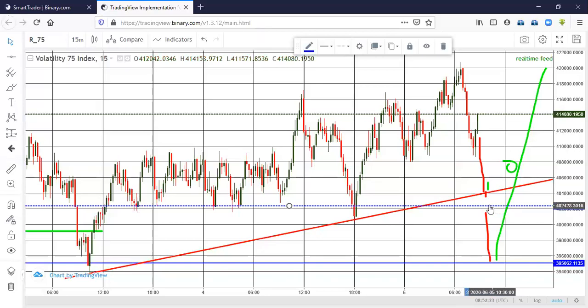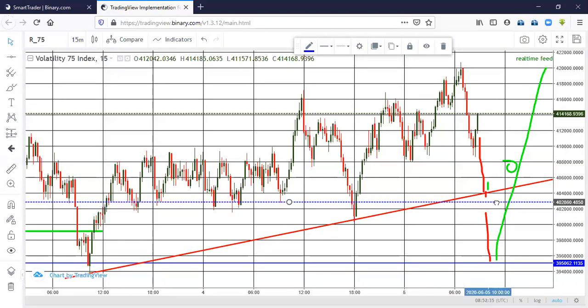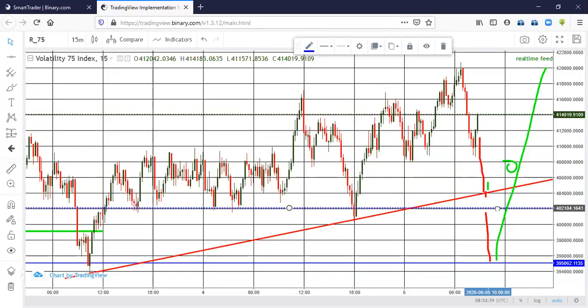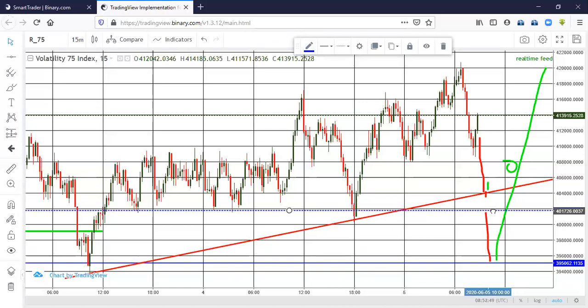So this level here might be your stop loss, depending on your risk reward ratio, depending on how you calculate your risk or reward ratio. You would put a stop loss here in case it goes down. So depending on how your trading risk is, you can put your stop loss there, or you can take it a bit further down.